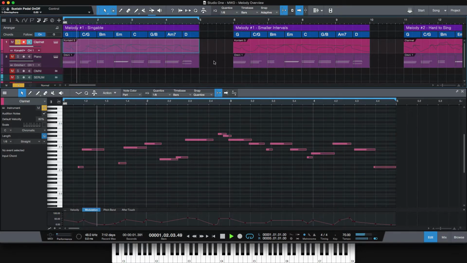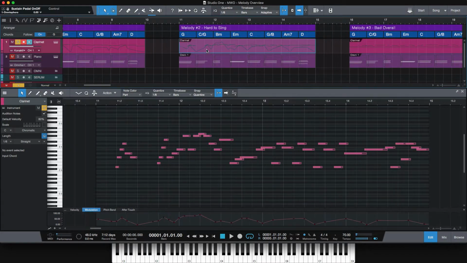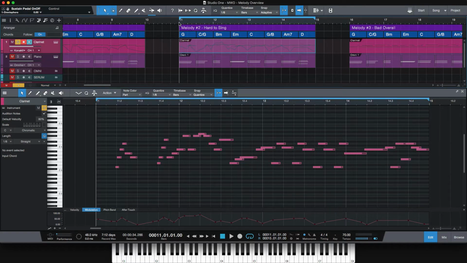So can you still feel the chords? Now, this one here, the hard to sing one, actually even better outlines the chords, because a lot of these leaps that are being played are actually the chords broken apart, meaning it's playing arpeggios.